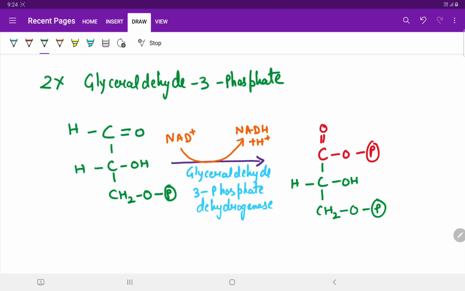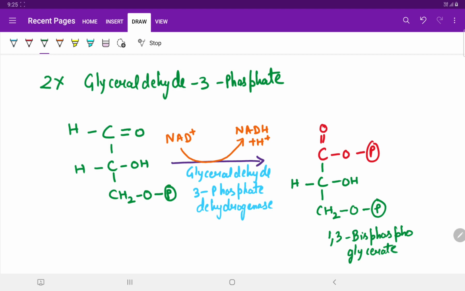So this is the structure for 1,3-bisphosphoglycerate.